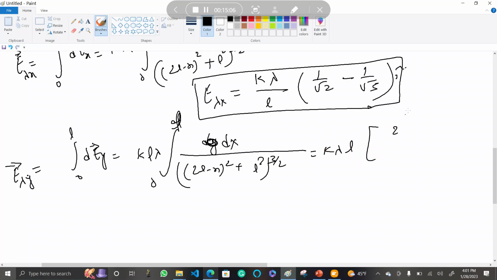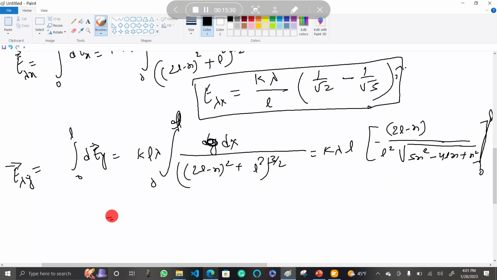(2l minus x) divided by l square root of 5x^2 minus 4lx plus l^2, with integration over 0 to L, right?